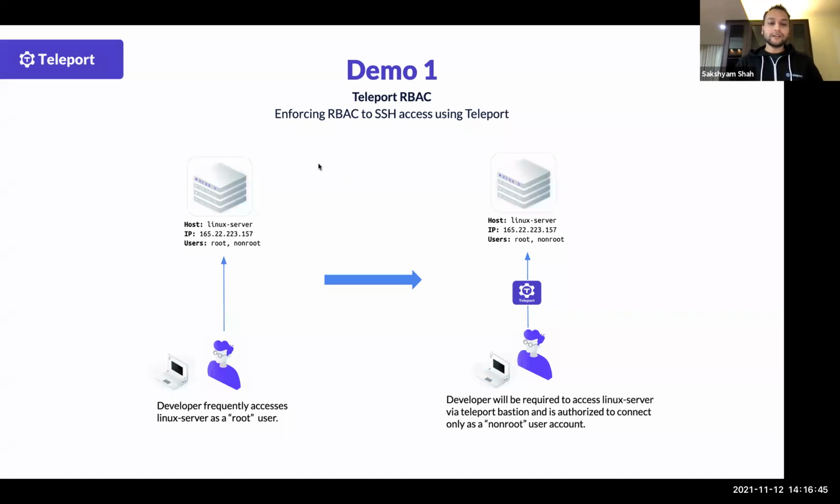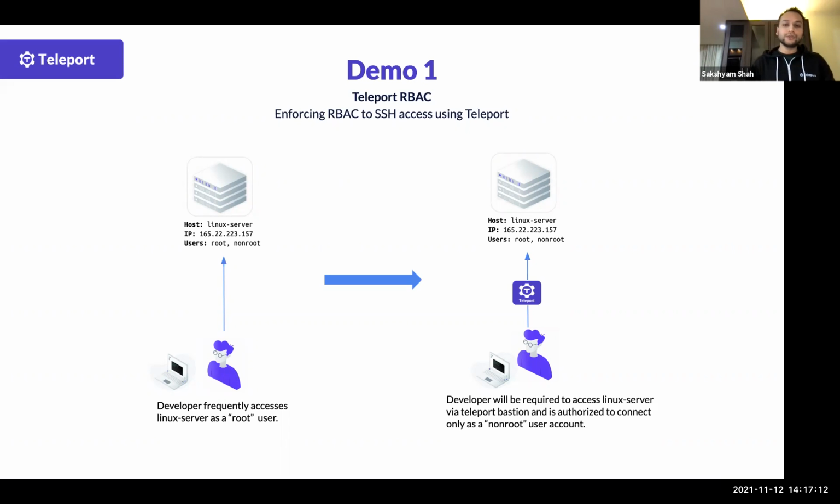In this scenario, we have a Linux server, and a developer who accesses this Linux server frequently. This Linux server is configured with both root and non-root users, and the developer accesses this server frequently as both root and non-root users. But this developer doesn't require access to the root account.